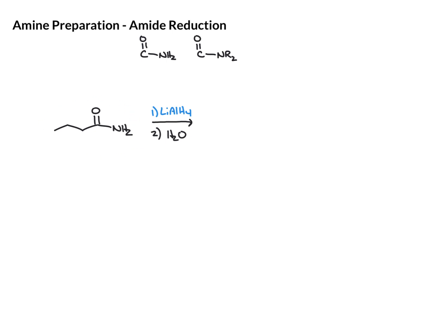Our reducing agent is lithium aluminum hydride. And if you want to see a little more what that looks like, we can draw it out. So we have lithium plus and 4 hydrogen on an aluminum with a negative charge. And what that aluminum hydride essentially does is it provides a source of H-. And that H- is what adds to this amide to do the reduction.